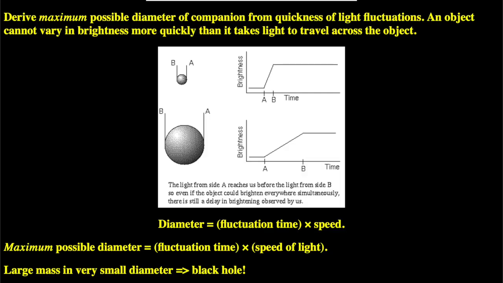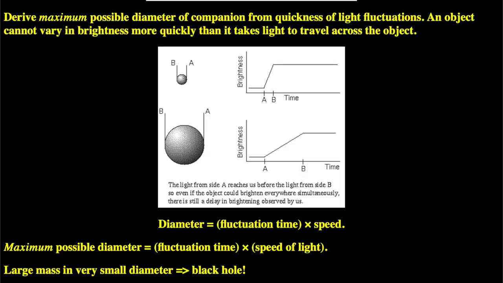Even if the object could change its brightness all over simultaneously, the brightness change would get smeared out over time. Since the diameter equals the fluctuation time multiplied by the speed of the change, and the maximum speed possible is the speed of light, the maximum possible diameter then equals the fluctuation time multiplied by the speed of light.